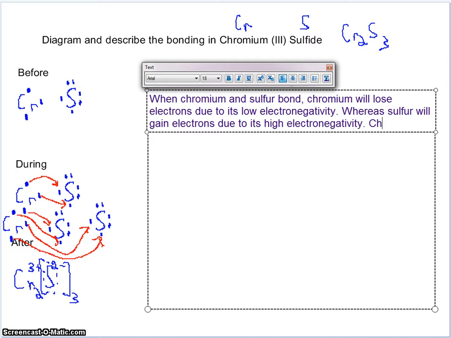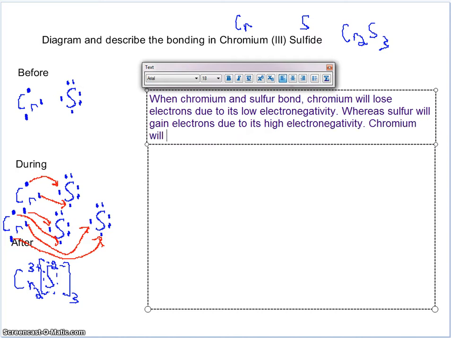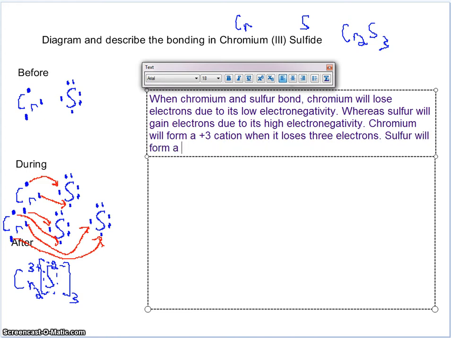Now I need to talk about the ions, right? I've already kind of talked about the electrons. Chromium will form a +3 cation when it loses 3 electrons. Sulfur will form a -2 anion when it gains 2 electrons. Not loses, gains, right? The sulfur is gaining electrons because it has a high electronegativity.